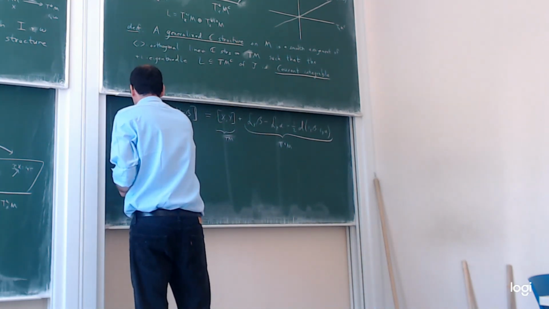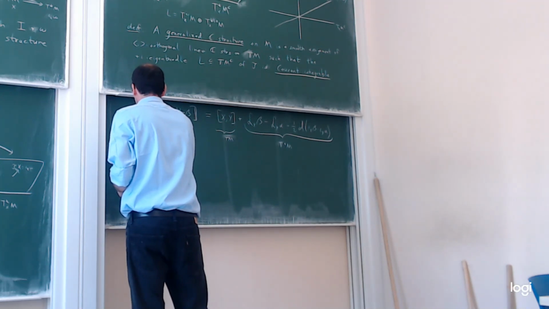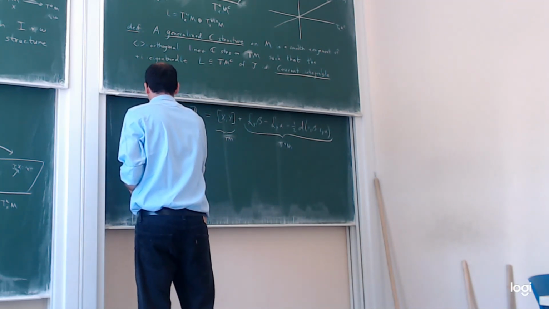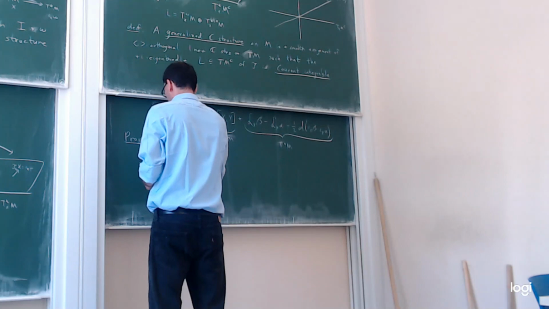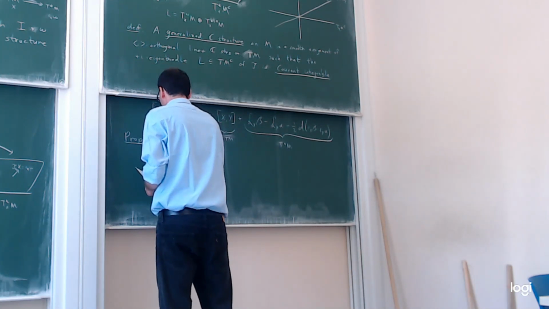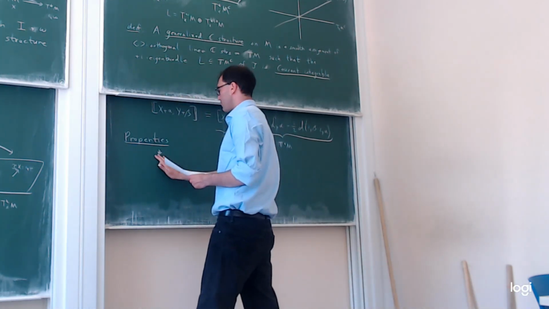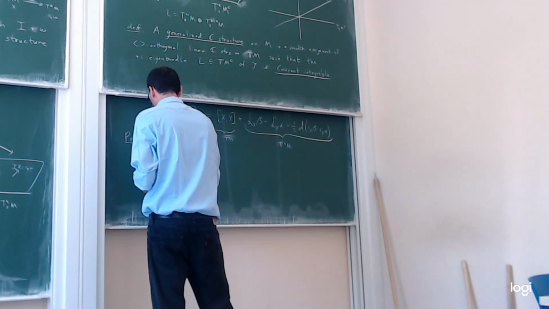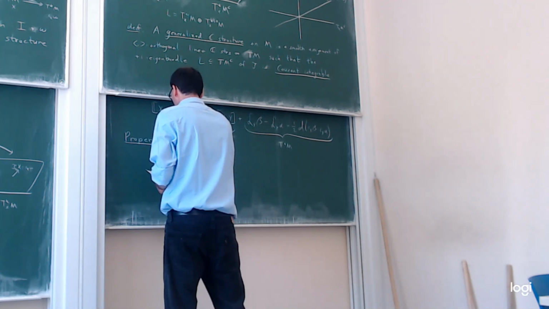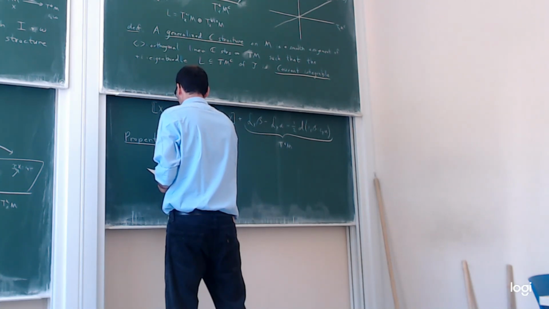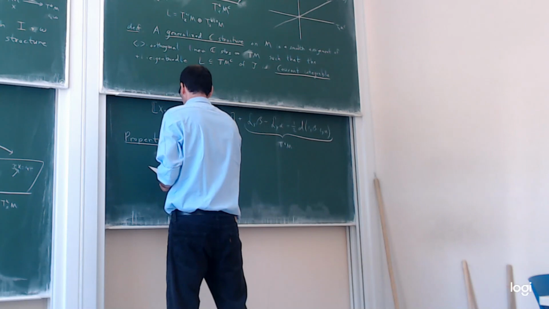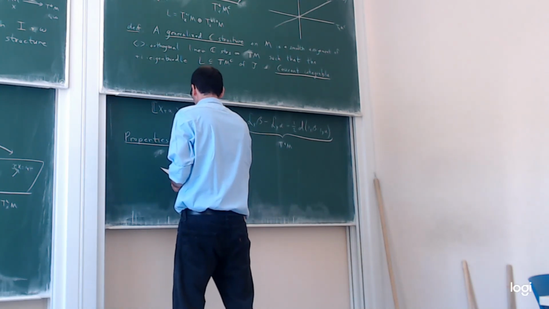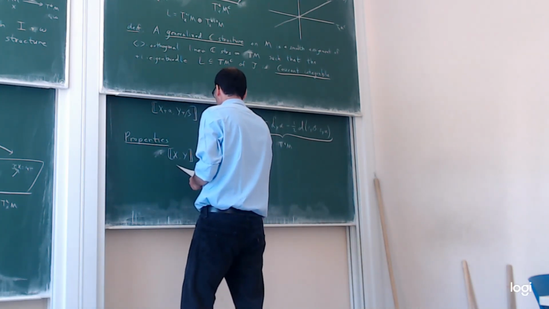So, properties. First, observe that as required, the Courant bracket of x and y is just the Lie bracket of x and y.